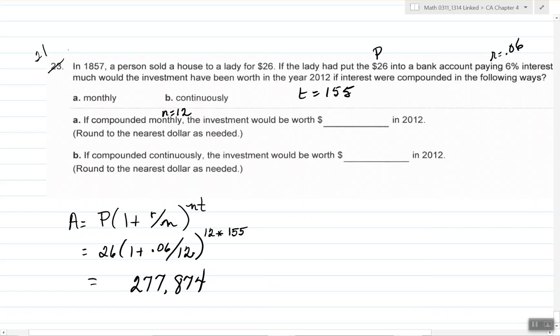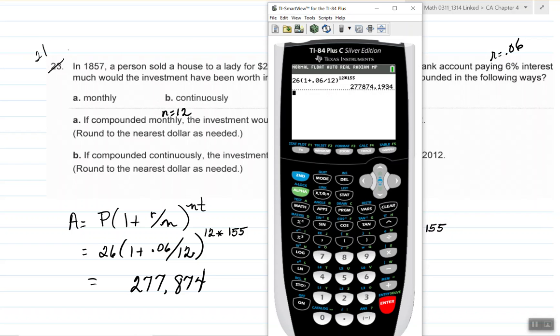The other choice is, what if it's continuously compounded? That's P-E to the R-T. So it is 26 E raised to the 0.06 times 155. So it is 26, second of the ln gives me E, 0.06 times 155.